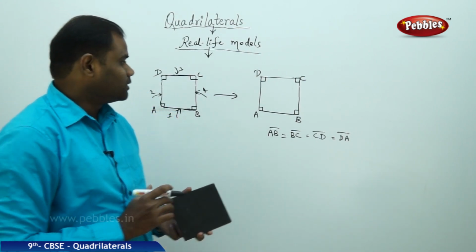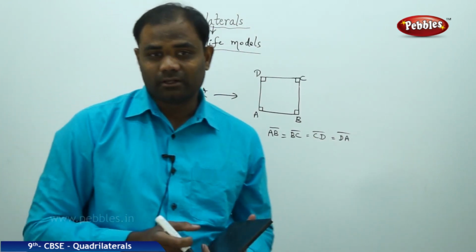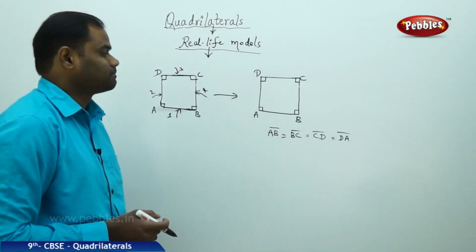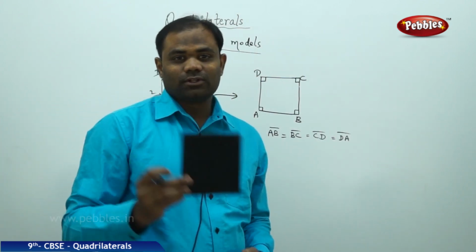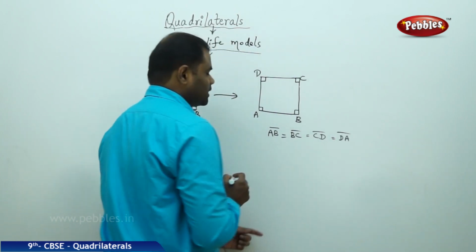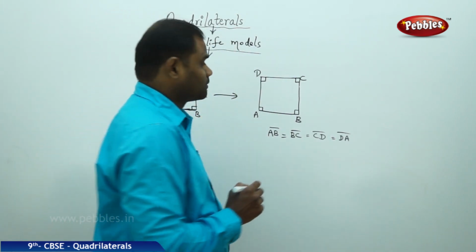So let's see, with each angle being 90 and all sides equal, what we can define for this kind of quadrilateral as a special case. Interestingly, in this case, for this real life model in which each angle is 90 and all sides are equal, the shape is called a square.